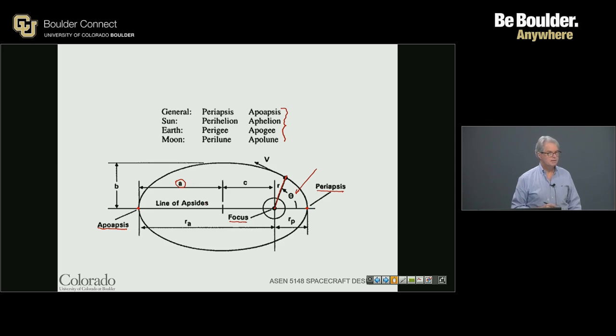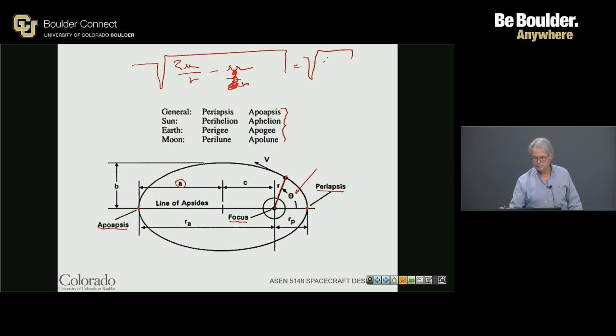So if we take the vis-viva equation, the square root of 2 mu over r minus mu over A, as essentially the semi-major axis goes to R, excuse me, A goes to R, we've got the square root of 2 mu over R minus mu over R. We're just left with the square root of mu over R, okay, as the velocity.